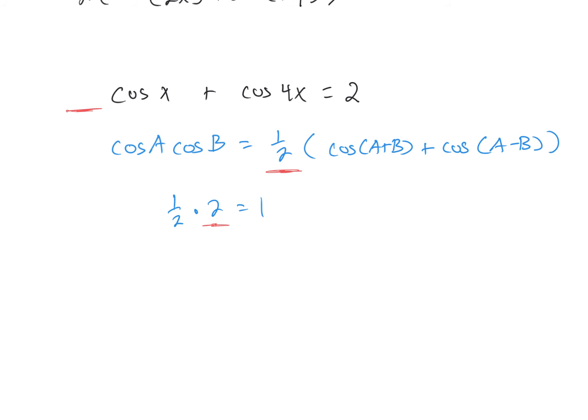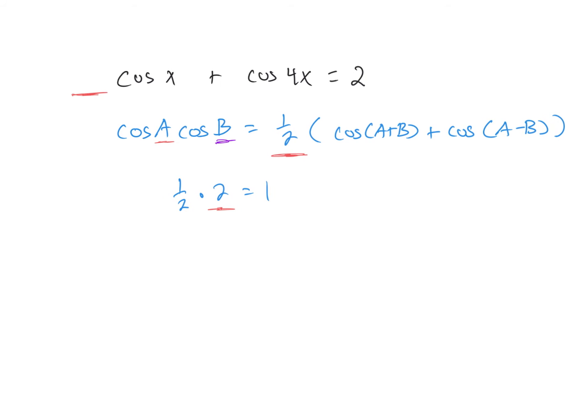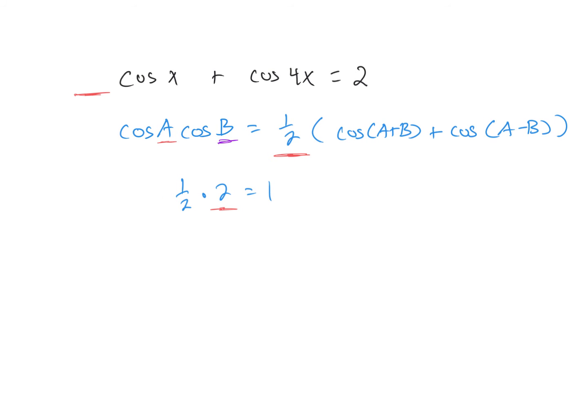Now we need to find what A equals and what B equals. So here, A is X. But we have to take into consideration that there is a singular X and a bigger 4X.